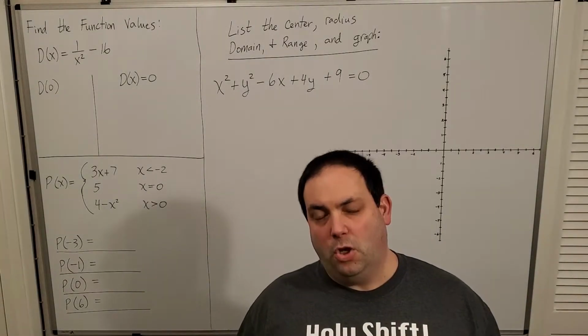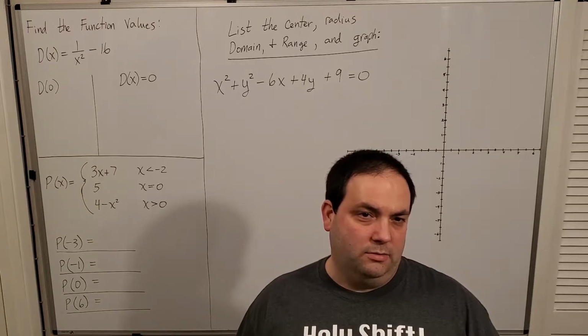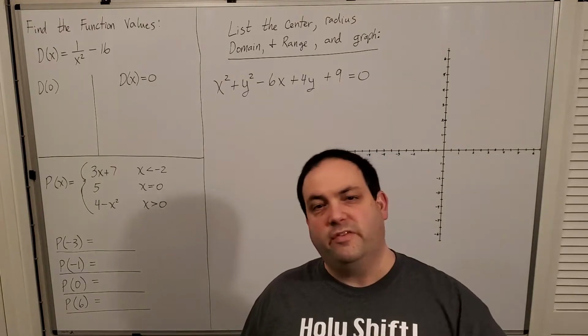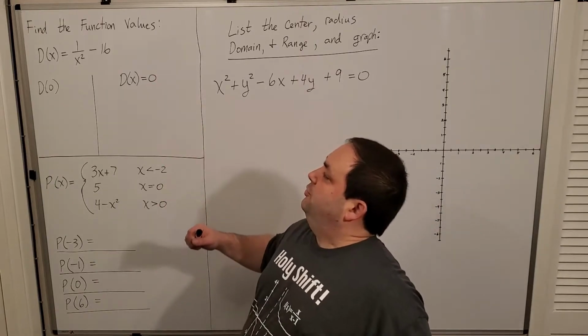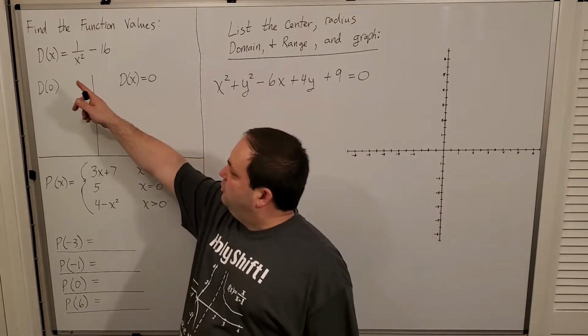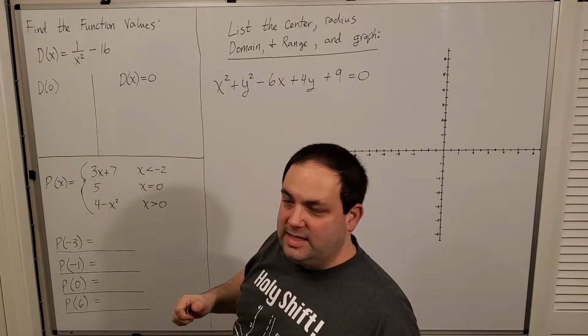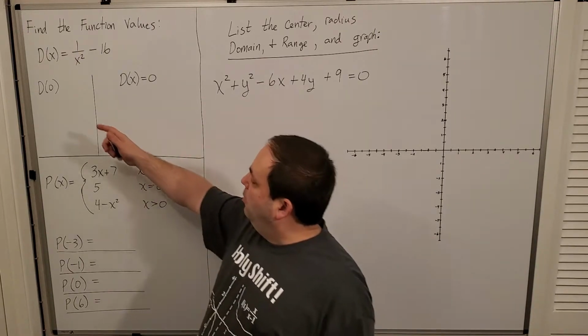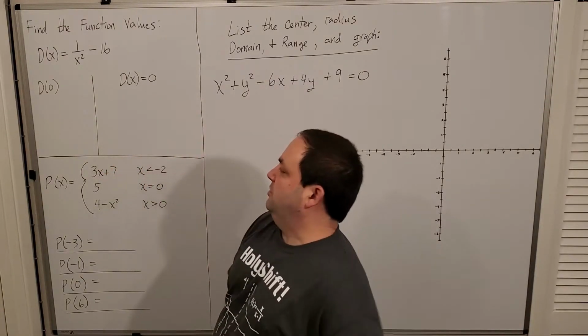Let's continue talking about functions, and then we're going to throw in some more of the Cartesian coordinate stuff with circles. So find the function values for the function d of x equals 1 over x squared minus 16. I want you to find d of 0 and d of x equals 0.